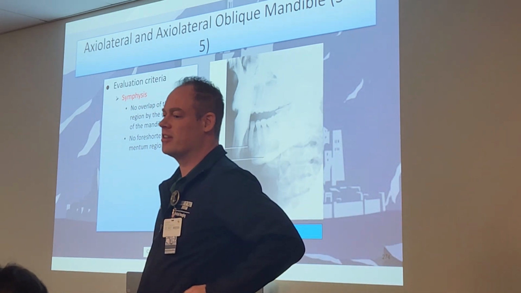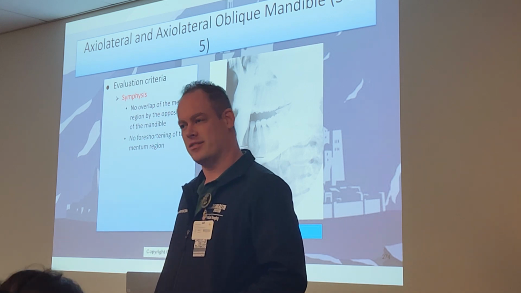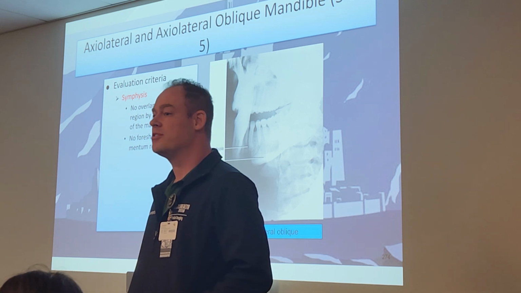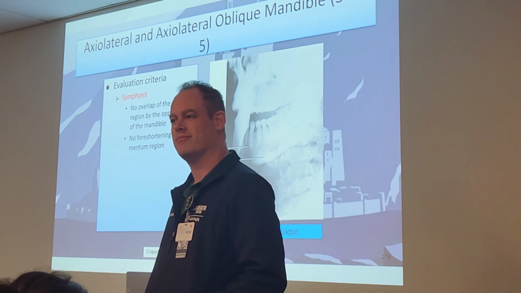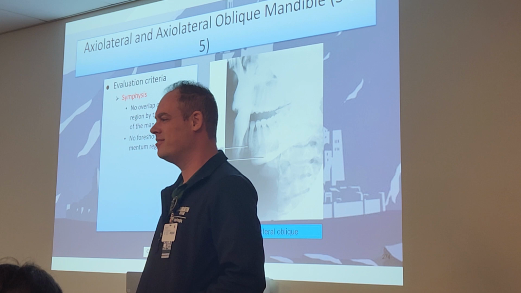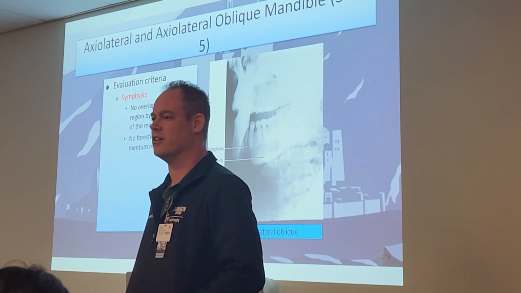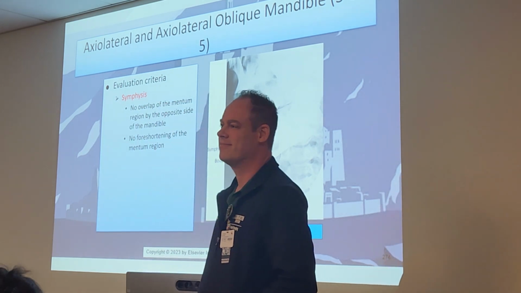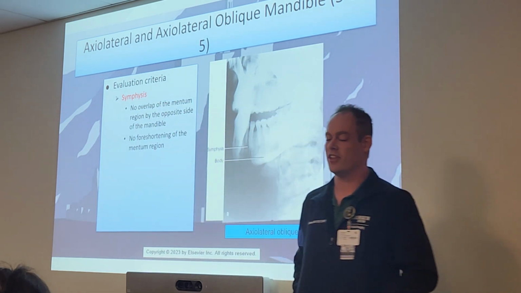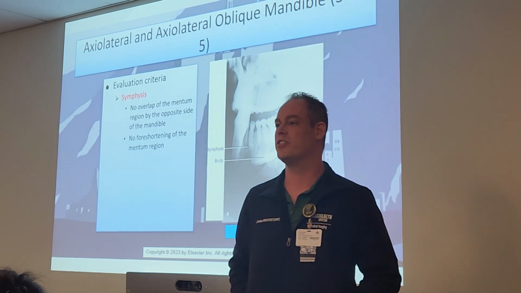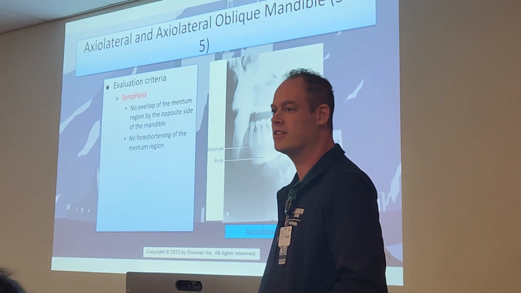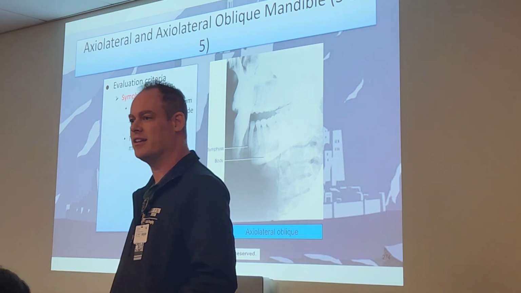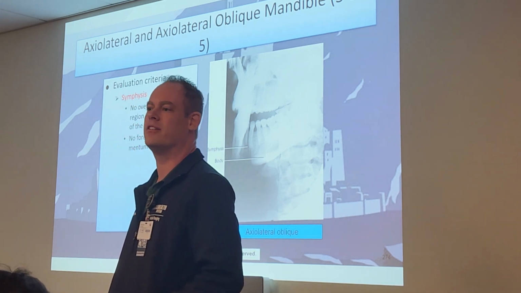I basically told the doctor, look, I have taken 3 X-rays. If you're unsatisfied with my work, you're free to come down here and position it yourself and I'll shoot the X-ray for you. He said, okay. He came down. It was worse. He said, all right, I'll just go ahead and take yours. So I gave him the option. I said, if you want something else, you can come down here and position it because I'm not doing it anymore on this kid. I've tortured him for 3 X-rays. I'm telling you that's the best I can get. If you think you can do better, come down here and do it yourself.